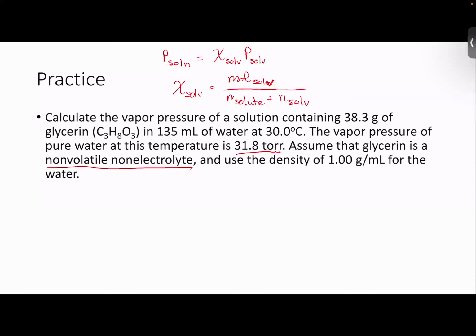My first thing is to take that 38.3 grams of glycerin and convert that into moles of glycerin using the molar mass of glycerin, which is 92 grams per mole.